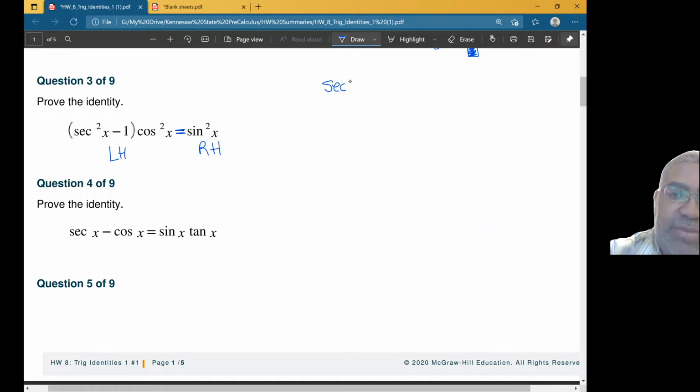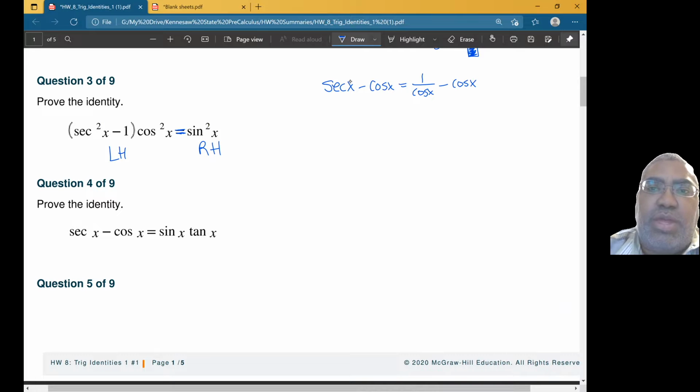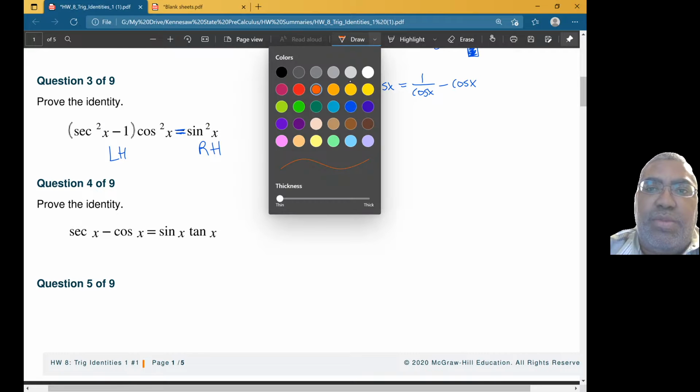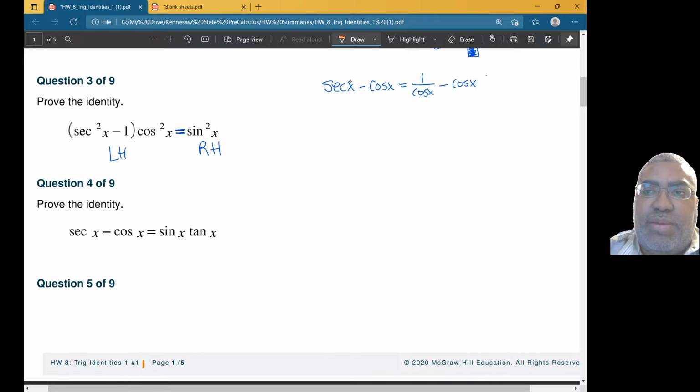We have secant x minus cosine x. This is equal to 1 over cosine x minus cosine x. And we are going to multiply this cosine x by cosine x over cosine x, because we want the same denominator so we can add them.